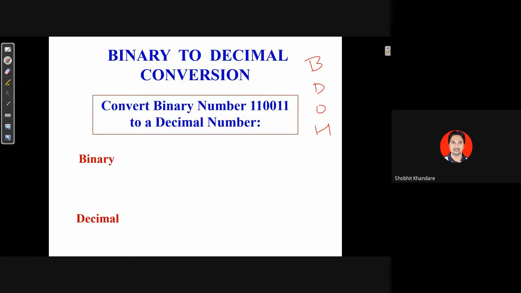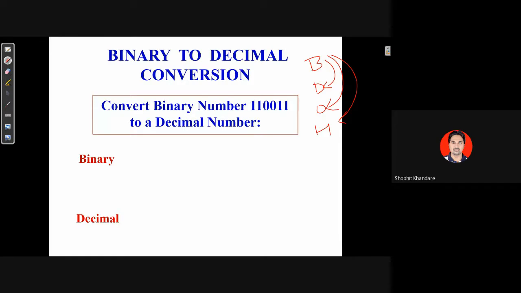Now the first conversion is binary to decimal. Then the second conversion will be from binary to octal. Then the third conversion will be binary to hexa.